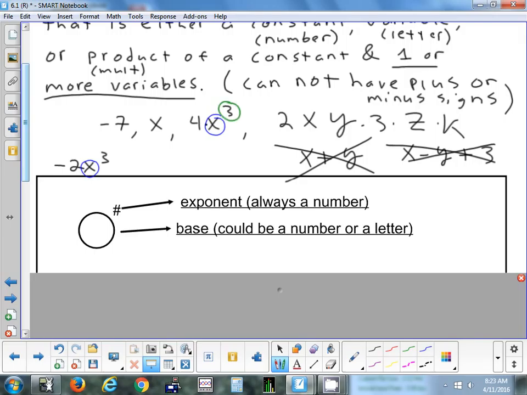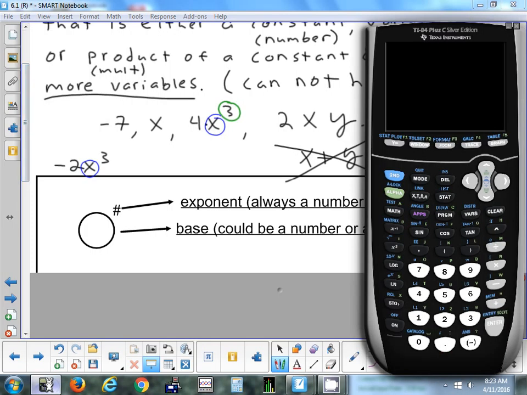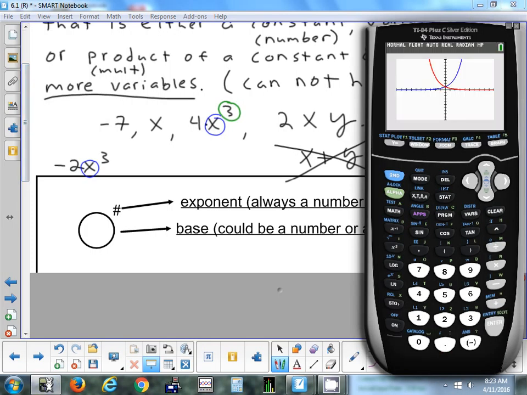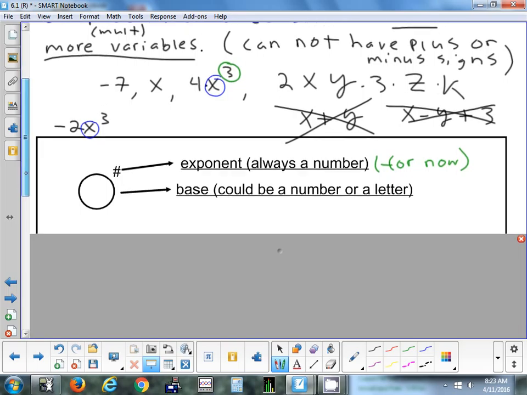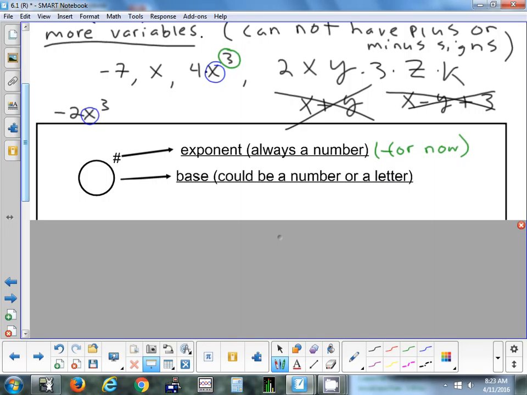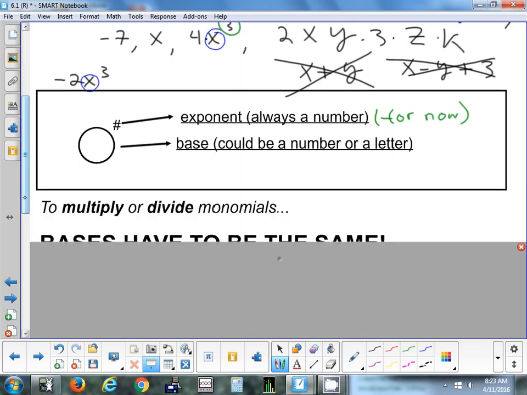For now it'll be a number, but eventually when we get into the graphing ones that I showed you guys, like that one in blue or that one in red, we're going to see things where the exponent is actually a letter, like 2 to the x power. But for the sake of what we do today, tomorrow, Wednesday, it'll all be numbers. So the small number is the exponent, the big number or letter, that's the base.